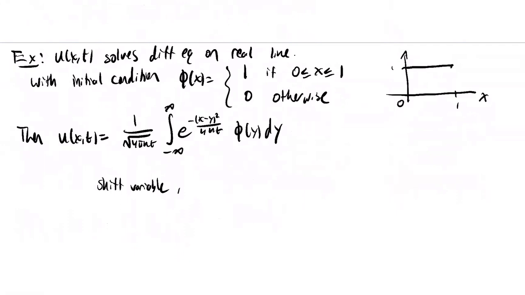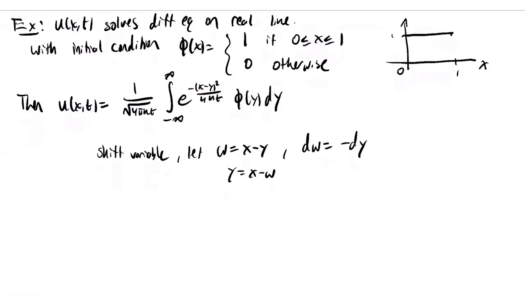I'm going to let w equal x minus y, and apply this change of variables. So dw is minus dy, and also y is equal to x minus w. This means that I can write my solution if I make this substitution.